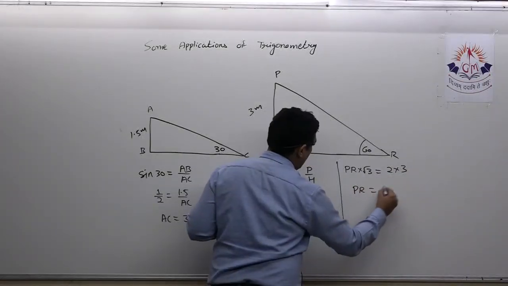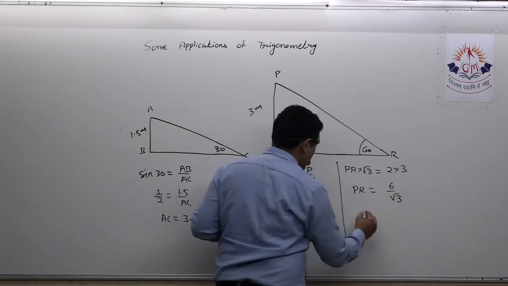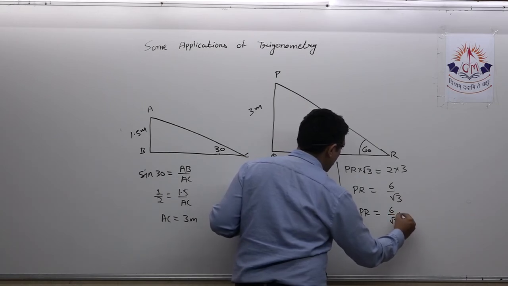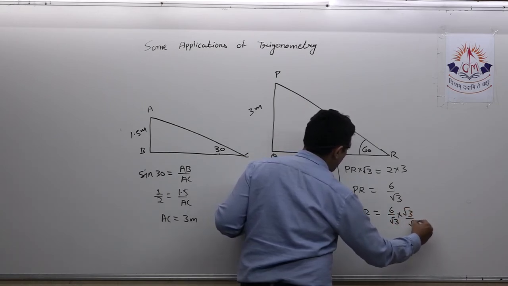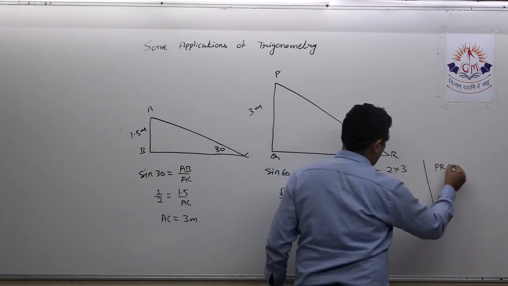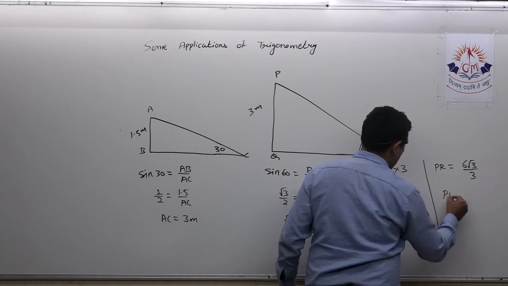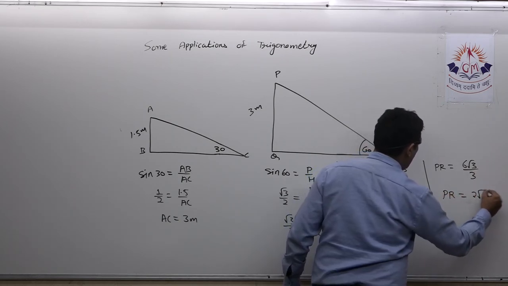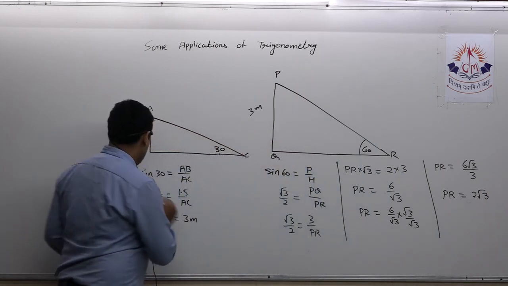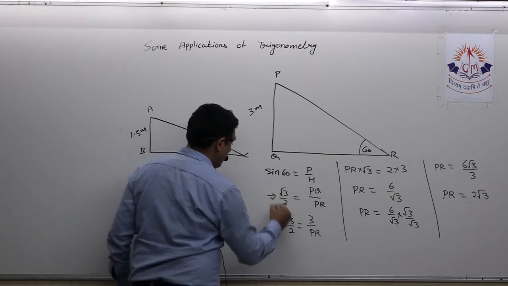So PR is equal to 6 upon root 3. If I rationalize this, PR is equal to 6 upon root 3 into root 3 upon root 3. So PR is equal to 6 root 3 upon 3. So ultimately PR is equal to 2 root 3. So here it is 3 meters and over there it is 2 root 3 meters. These are the lengths of the slides.